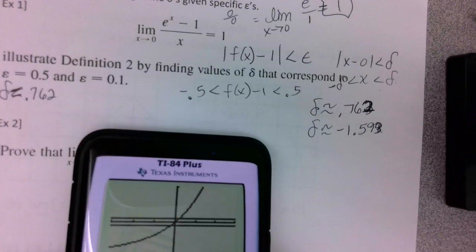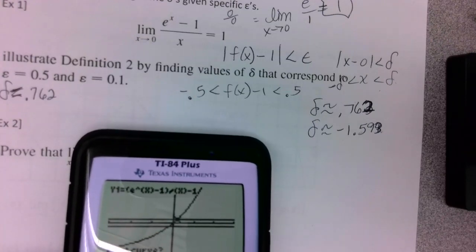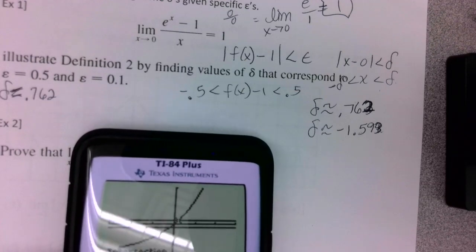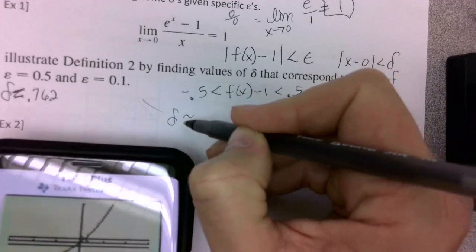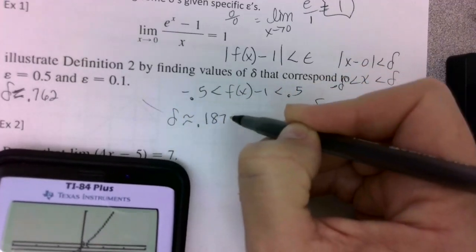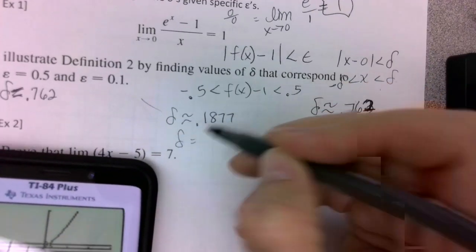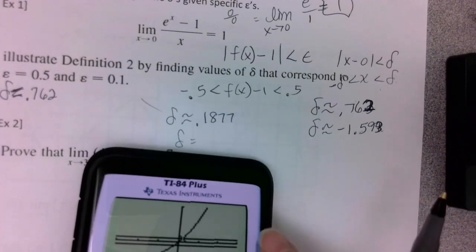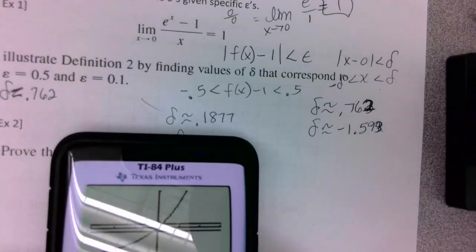All right, second trace intersect. So this one, the delta is approximately 0.1877. And by the way, we kind of knew what happened on the other one, so I'm going to probably just choose 0.187 or something like that.